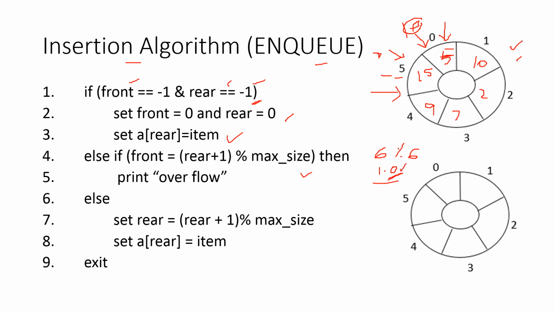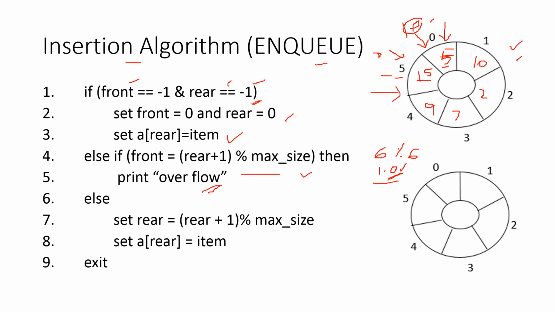Both are the same, so that is the situation: print overflow. That means the circular queue is full. In the front location you have the value 5 and in the rear you have the value 15. If we plan to enter one more element, no space is there.